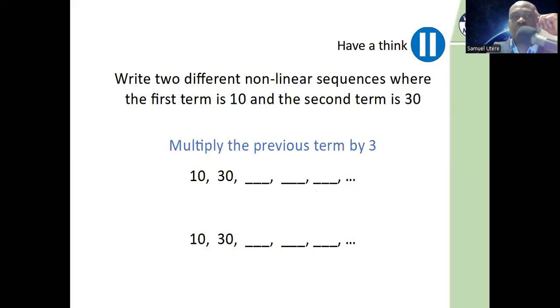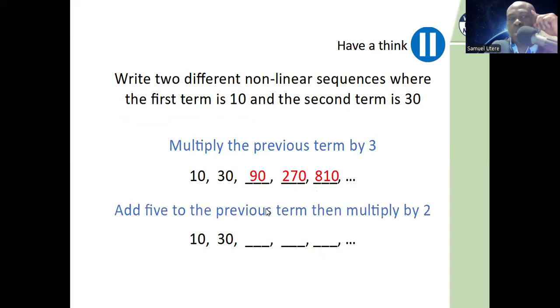I'll give you a hint: multiply the previous term by 3. If we do that, we'll get 90, 270, and then 810. So each time we're multiplying the previous term by 3.